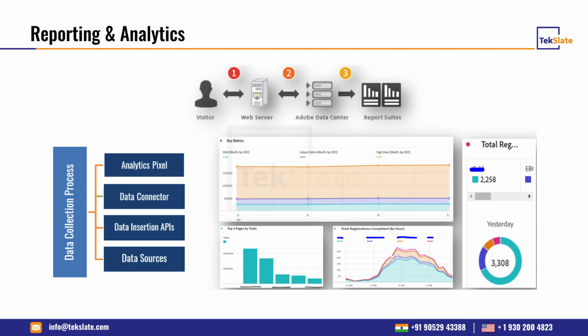Adobe stores the data in the report suite after processing, and we then make use of tools like Workspace, Report Builder, plugins and all those kinds of tools to access it and generate insights and reporting. Adobe can also collect data in its servers from different sources. That brings us to the other image that you can see here in the left-hand corner.